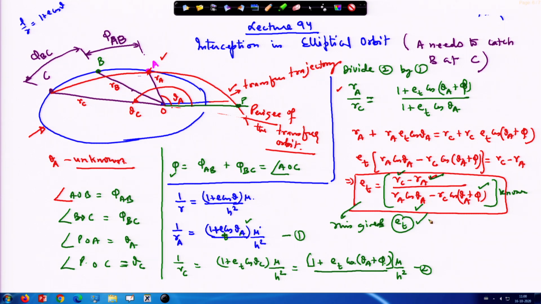Now, we can proceed to work. So, once E t is known and we have assumed already the position theta a, therefore, E t is known and the rest, others like R V a square by mu as we were discussing earlier, can be computed.